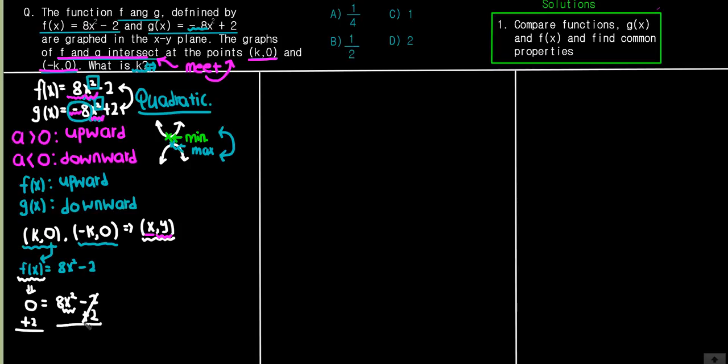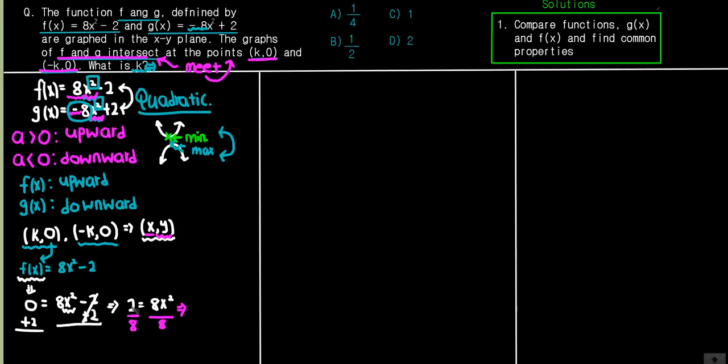Negative 2 and positive 2 cancel out, and on the left side we get 2 is equal to 8x squared. Now we can divide both sides by 8 so we can get rid of it and isolate the x term.